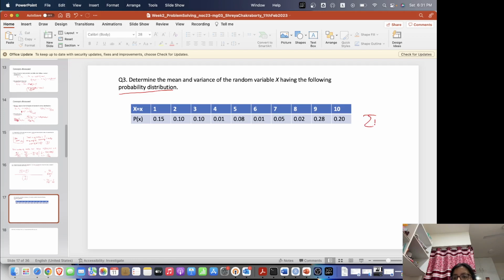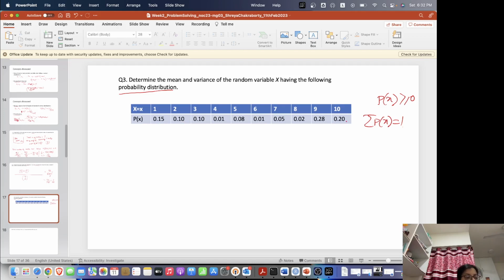How will you ensure that it is a probability distribution? We add them. If it comes to equal to 1, then it is. One more thing is, everything should be greater than or equal to 0. There should not be any negative values, because probability can never be negative. It should lie between 0 and 1. So each of these values should be greater than or equal to 0, and if you add everything up, summation p(x) is 1. I hope it adds up to 1.